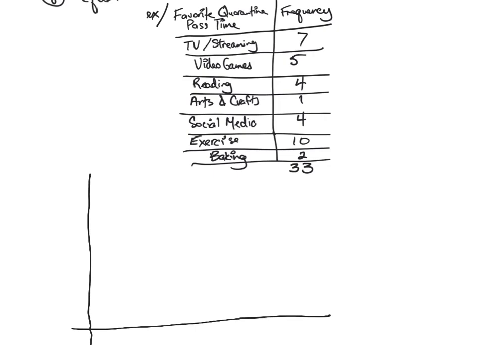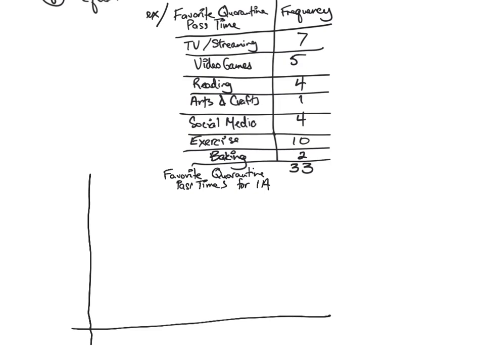So our title would be Favorite Quarantine Pastimes. And let's say that this was from her 1A students. Okay? Because you want to be as specific as possible so people understand the data.